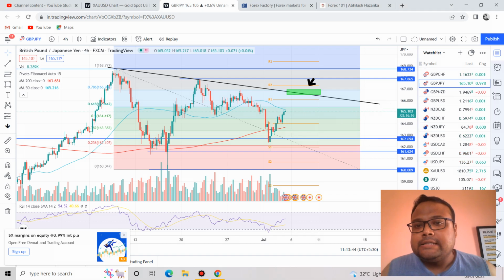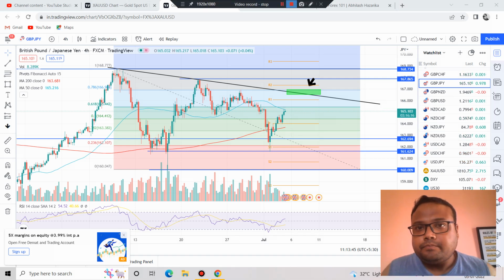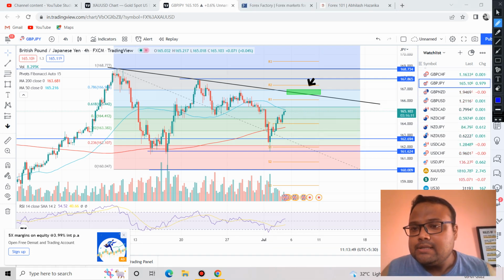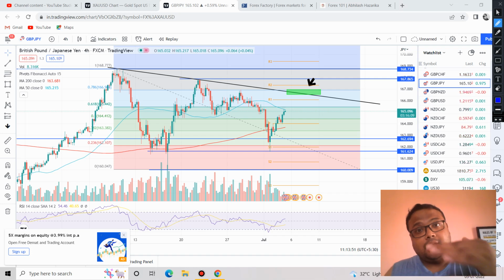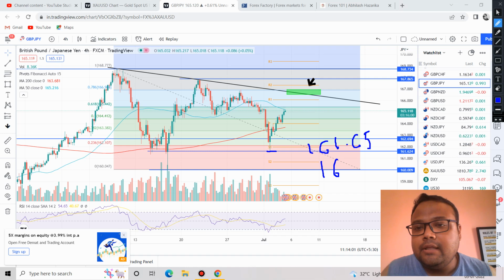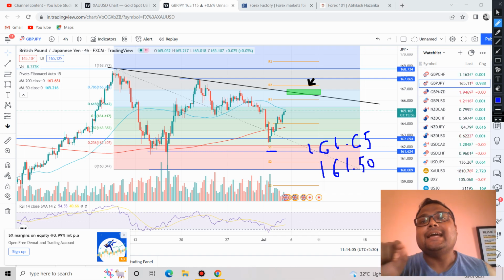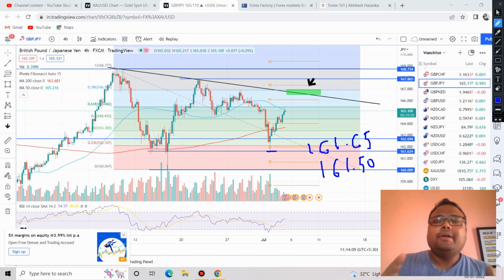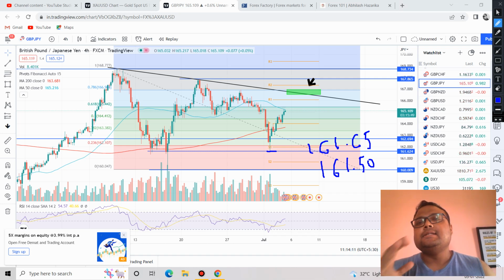Okay, the second support is 161, just below 100 pips difference: 161.65 to 161.50. This is your second support level, and perhaps one of the strongest support levels. This is a very strong support on the chart of GBPJPY.